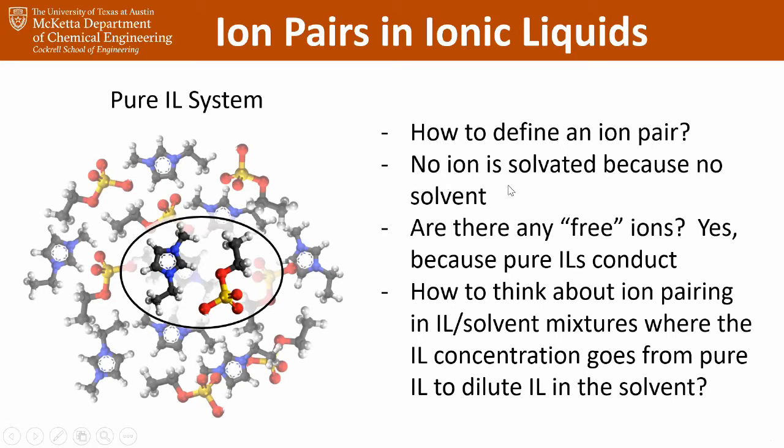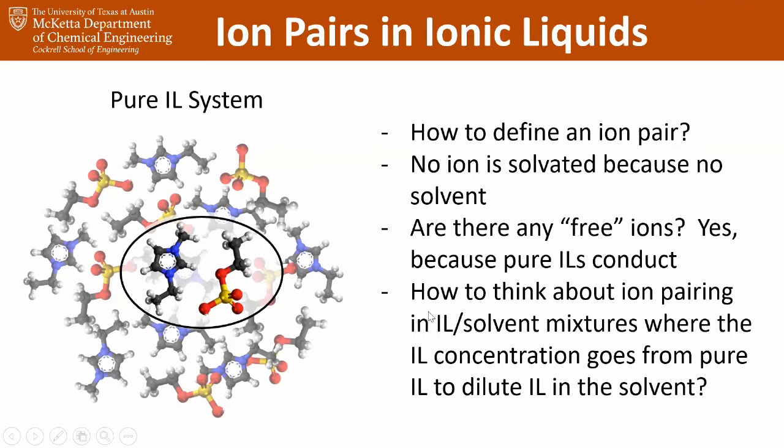No ion is solvated in the pure ionic liquids because there is no solvent. But are there free ions? We all know the answer to that is yes, because even pure ionic liquids conduct. They have measurable conductivities, in some cases quite high conductivities.